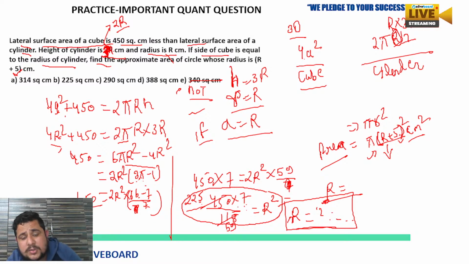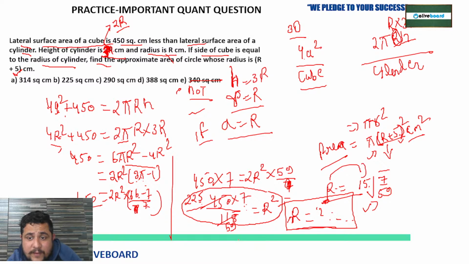So 225 is the perfect square of 15. Then under root, the value of r will be 15 under root 7 upon 59. This will be the value of r when we put h equal to 3r.